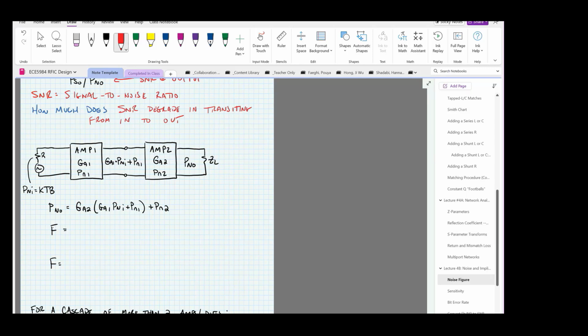And if we go through and write that the noise factor is equal to PNO over PNI times GA1 times GA2, we can pull a couple of interesting things out from here by making substitutions.